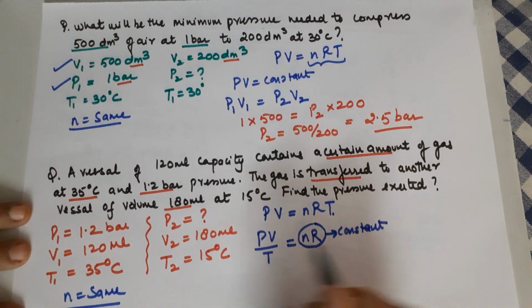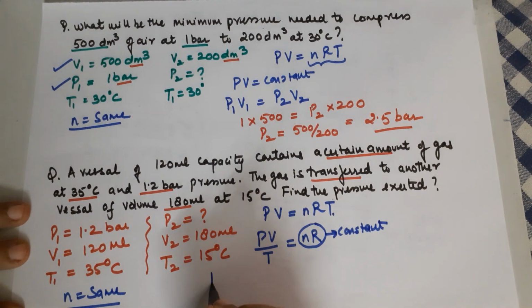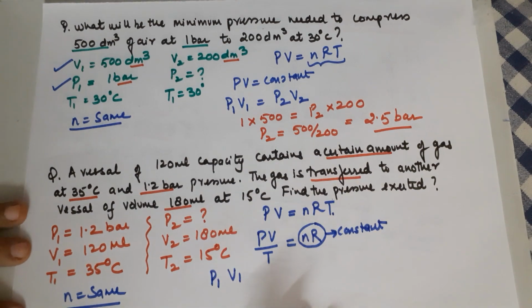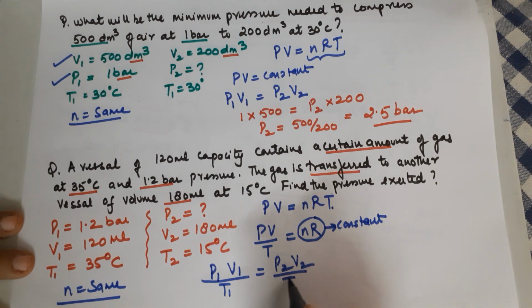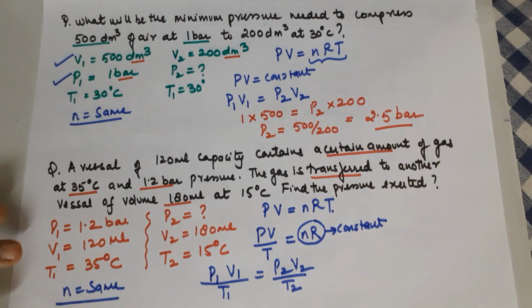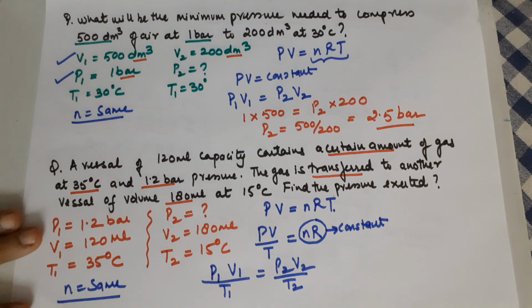Changing the formula for different changes of temperature, pressure and volume, your formula now can be written as P1 V1 upon T1 is equal to P2 V2 upon T2. We will substitute the values and then you can do the solving of it yourselves.